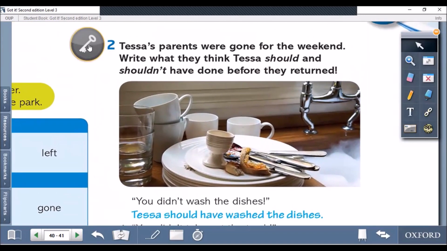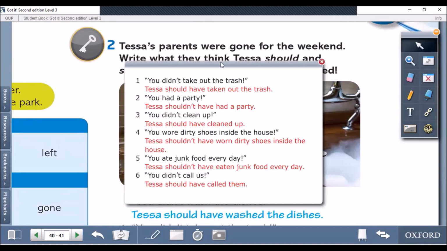Okay, let's check. So the first one is, you didn't take out the trash. Tú no sacaste la basura. Tessa should have taken out the trash. Tessa debería haber sacado la basura. You had a party. Tessa shouldn't have had a party. You didn't clean up. Tessa should have cleaned up.